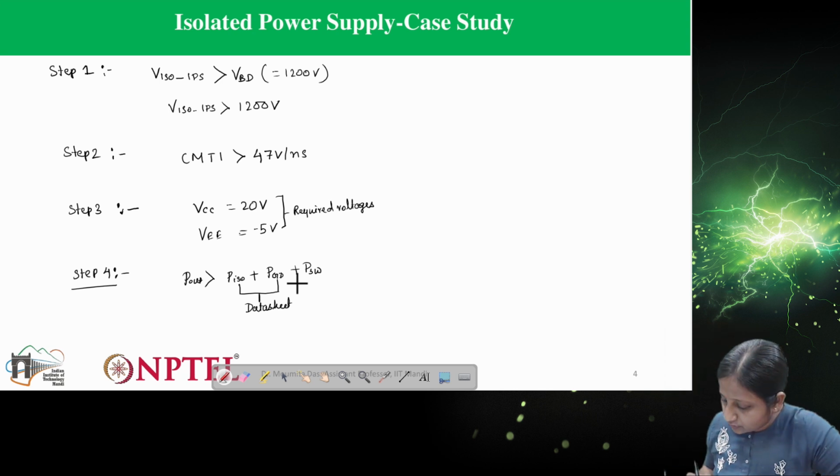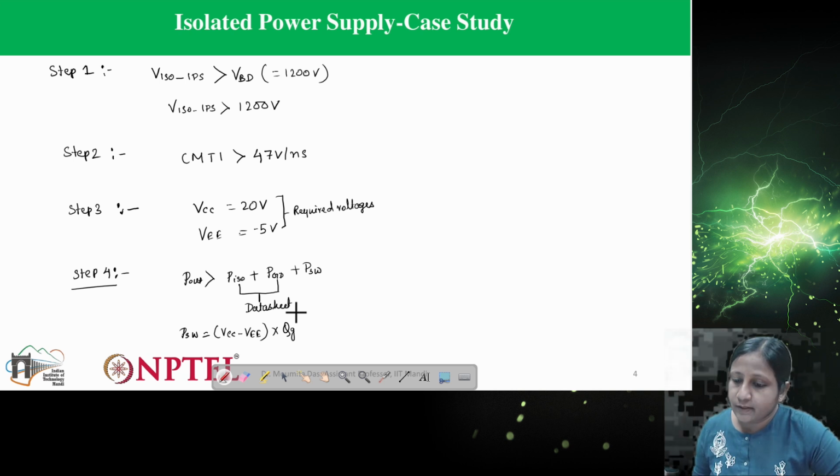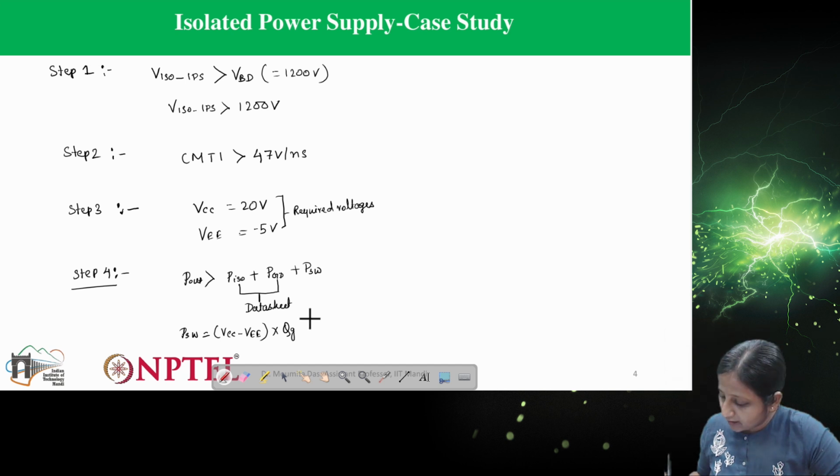It is calculated using the formula VCC minus VEE, multiplied by QG, and multiplied by the switching frequency. This will give the power loss.